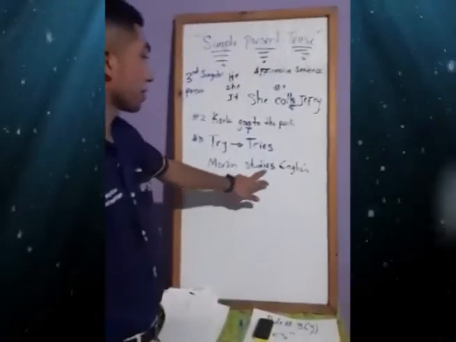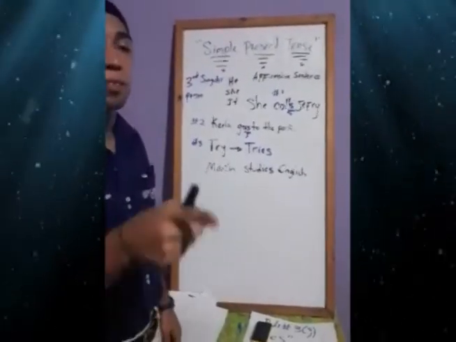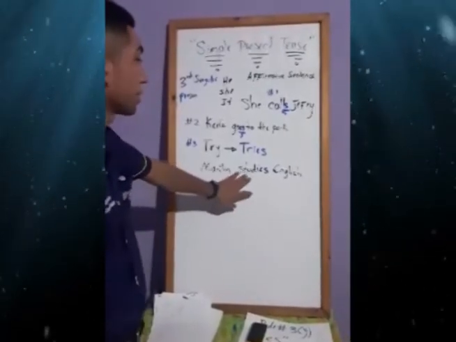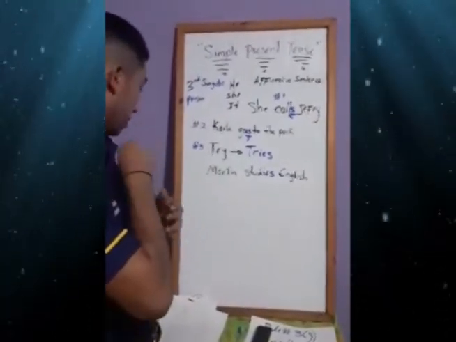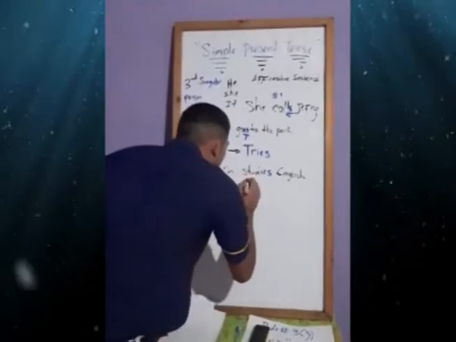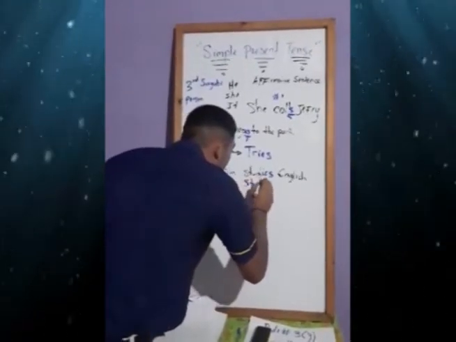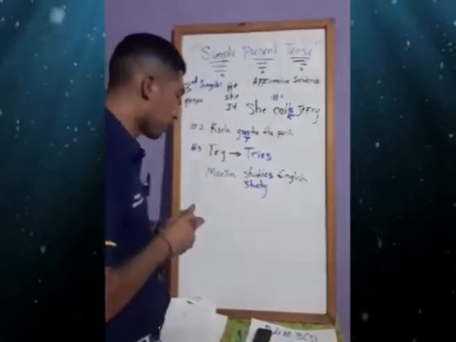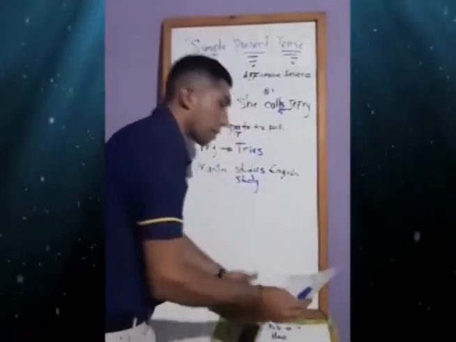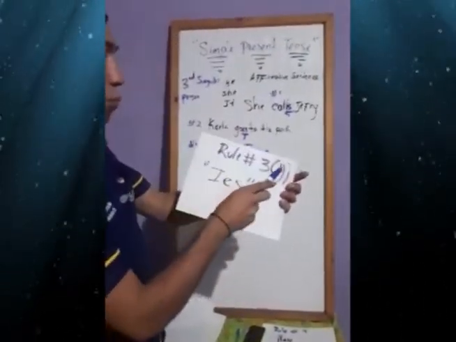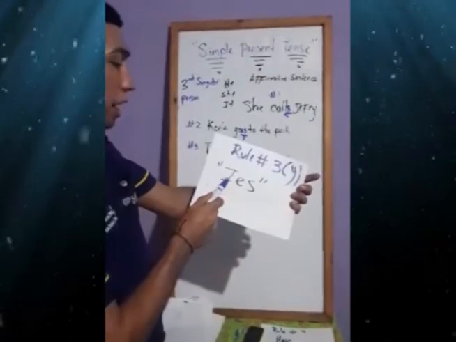Why? Exactly, because the verb is the base form. The rule says when the verb ends in y, we change it to ies.